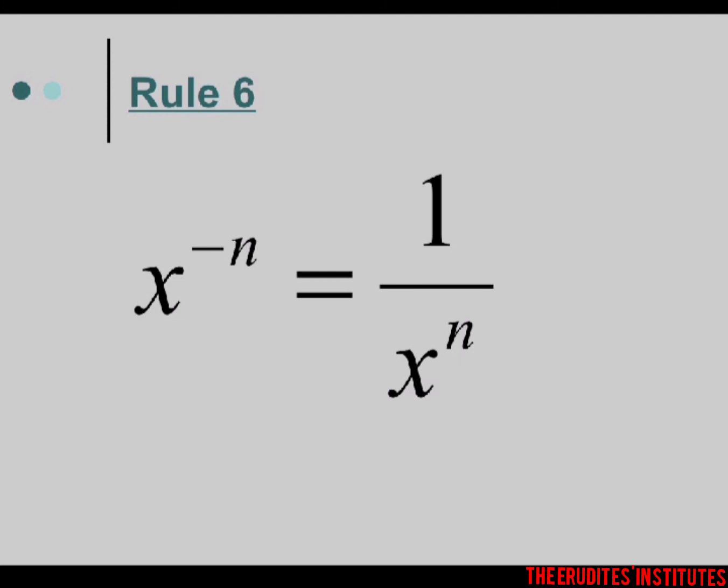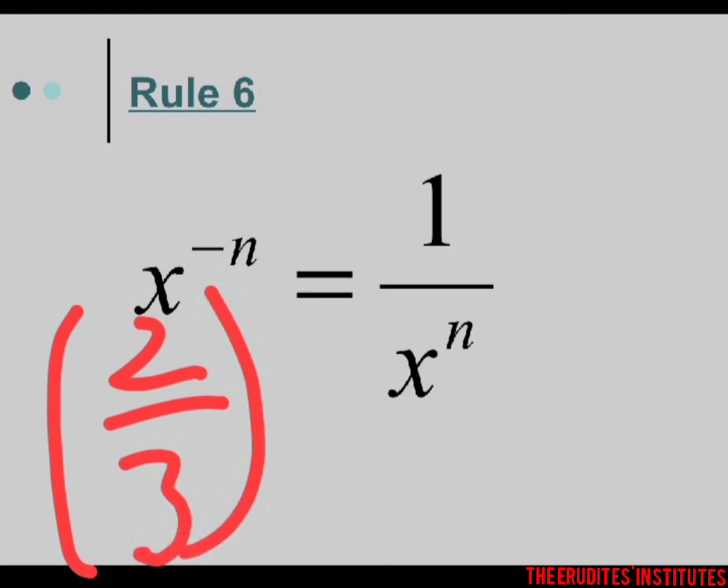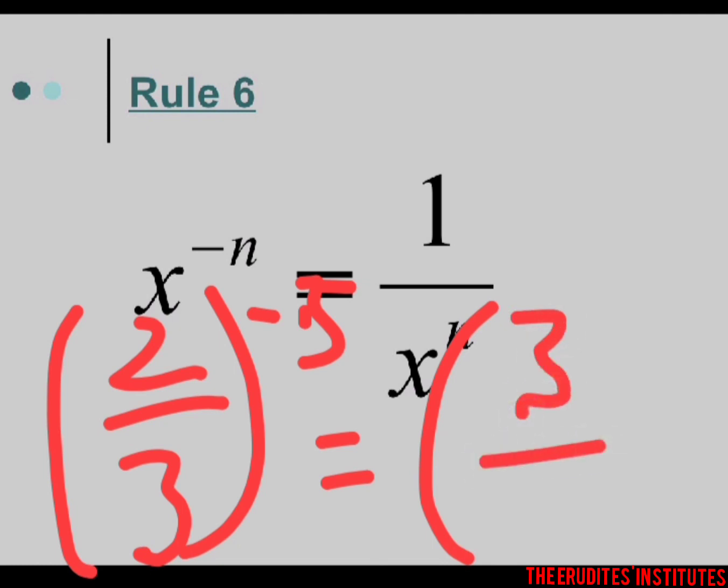What about if we have 2 over 3 with a negative index of 5? We are still going to reciprocate, and this would give us 3 over 2 index 5.